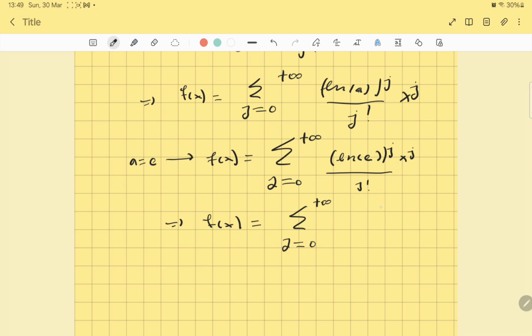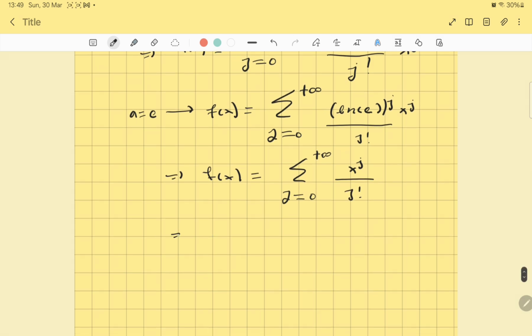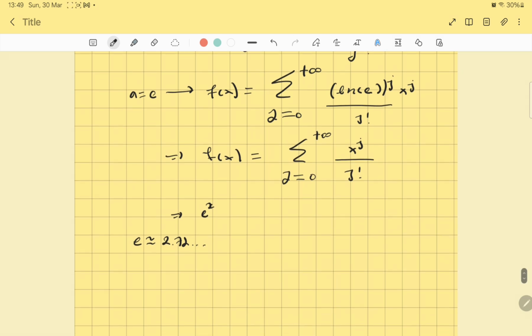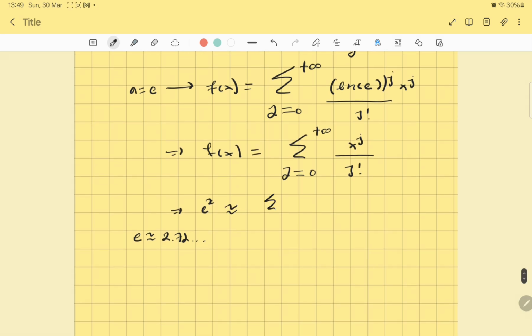Since ln e is 1, and 1 to the power of j is 1, we get x to the power of j over j factorial, which is the approximation for the exponential function with base e, where e is Euler's number, an irrational number.